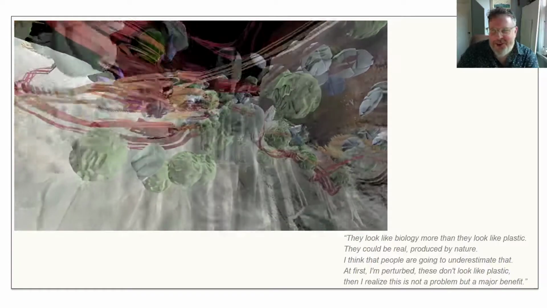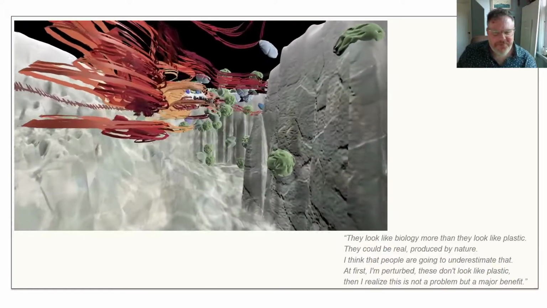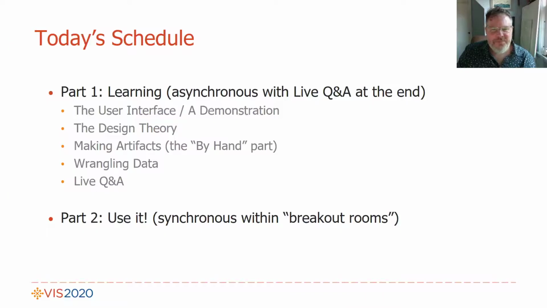So we invite you to try. Just to reiterate our schedule today, the next session that's coming up is learning a bit more about these processes, and we'll start off with a demonstration of the user interface that I showed you just a quick picture of before, so you can see that stage of mapping data onto the visual artifacts.